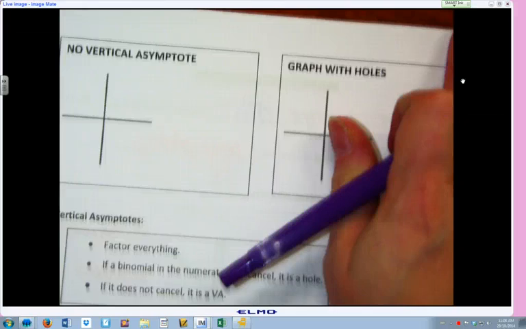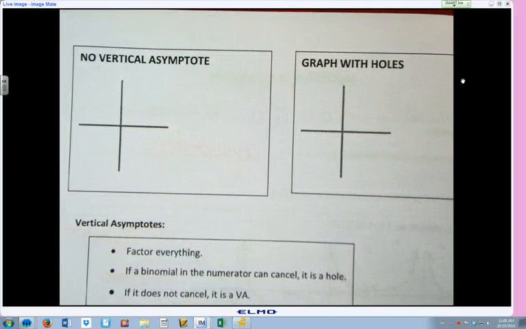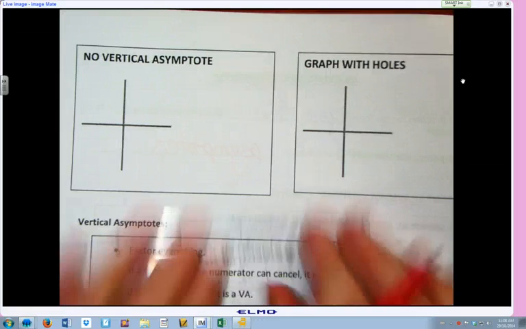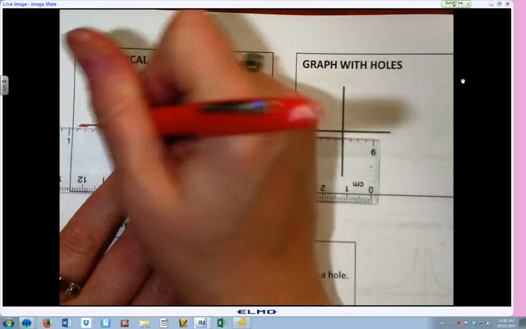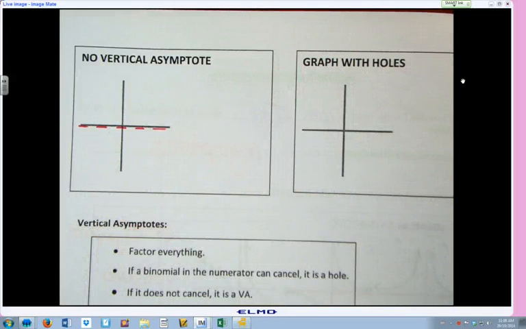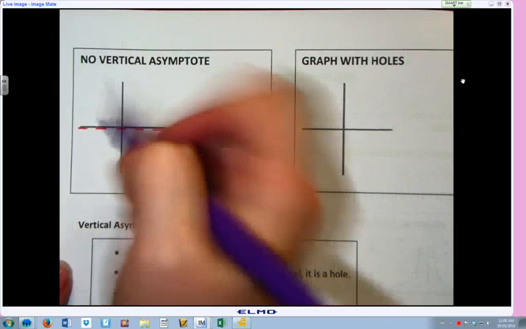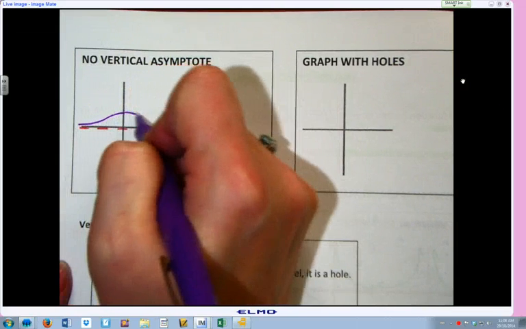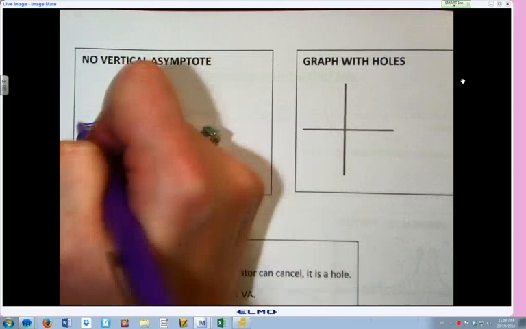We did a no vertical asymptote graph last year. So just a horizontal asymptote. And these guys typically look like this. Approaches the asymptote, goes up into a little bump, and comes back down towards the asymptote.